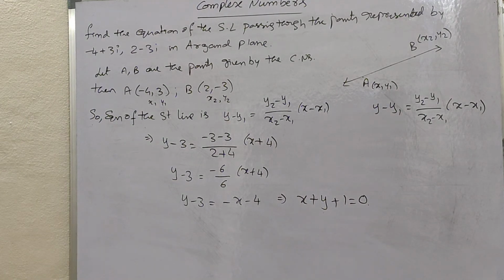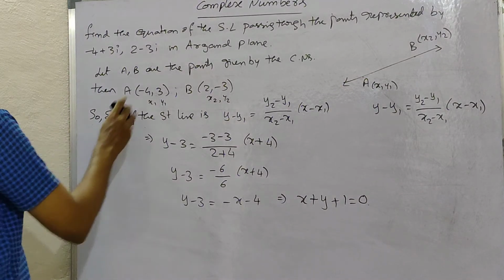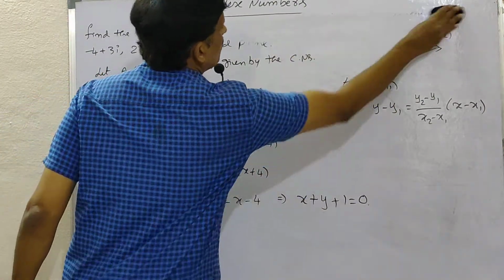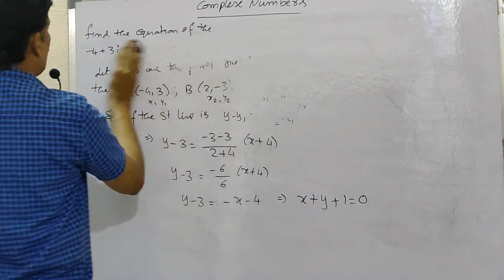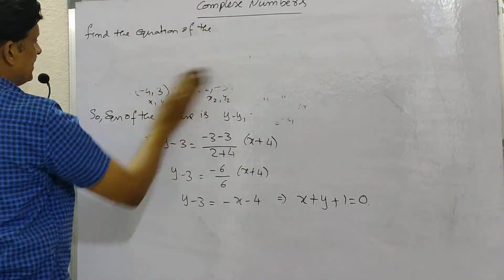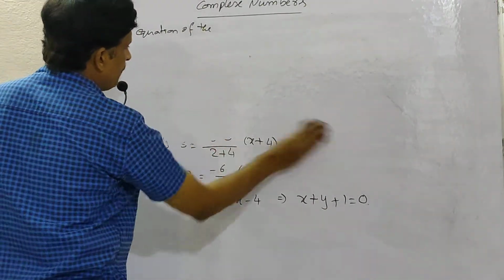And now, one more problem. Find the equation of the perpendicular bisector of the line joining the given points.